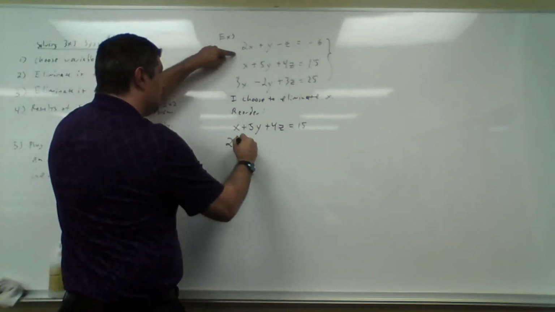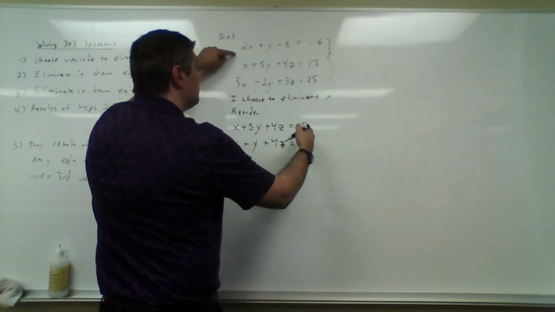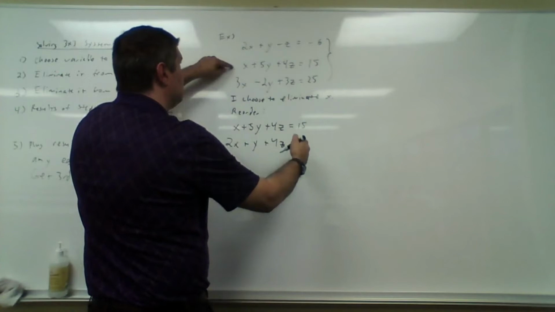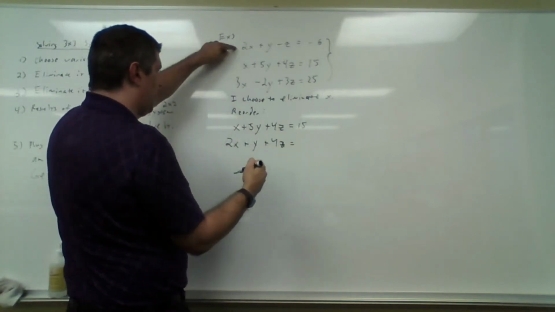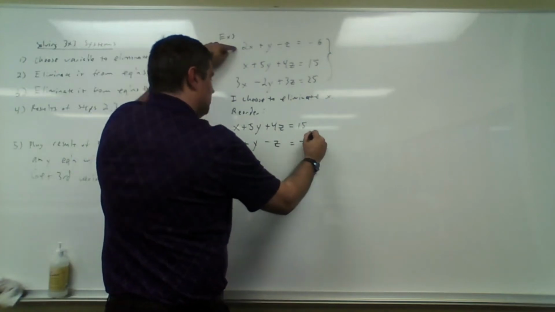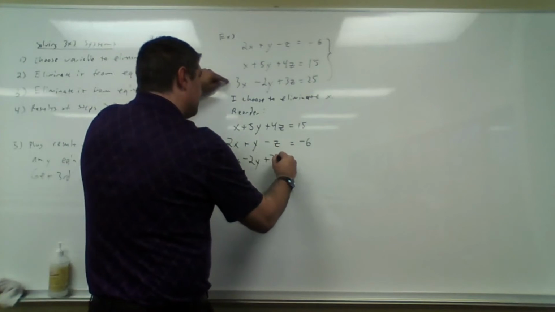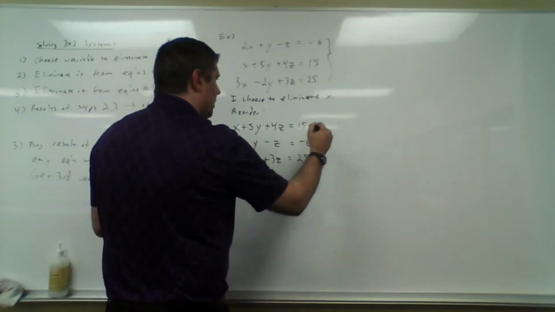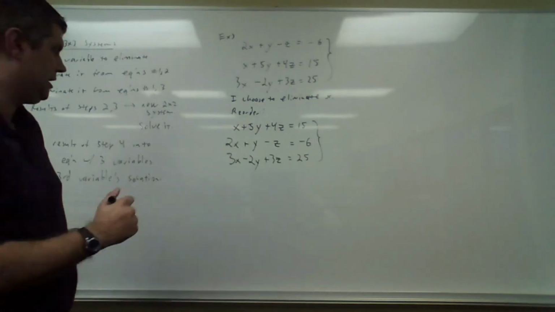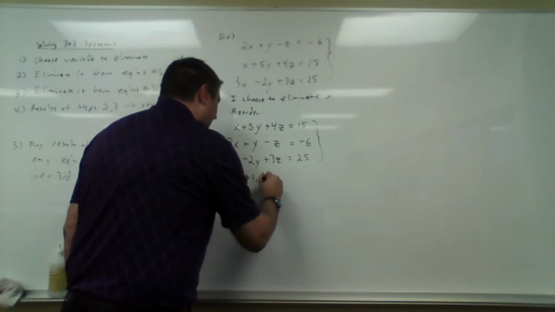Then 2x plus y minus z equals negative 6. And then 3x minus 2y plus 3z equals 25. Okay?